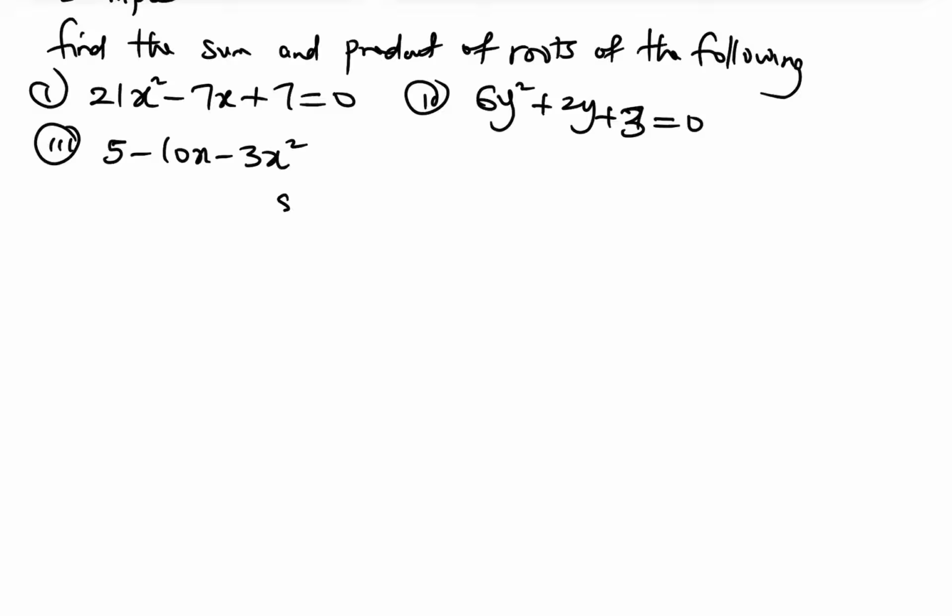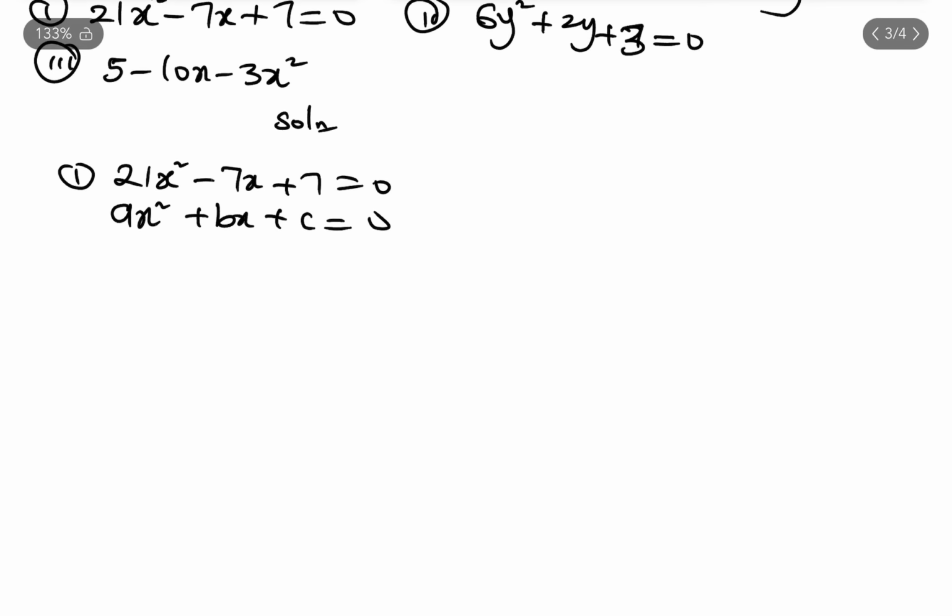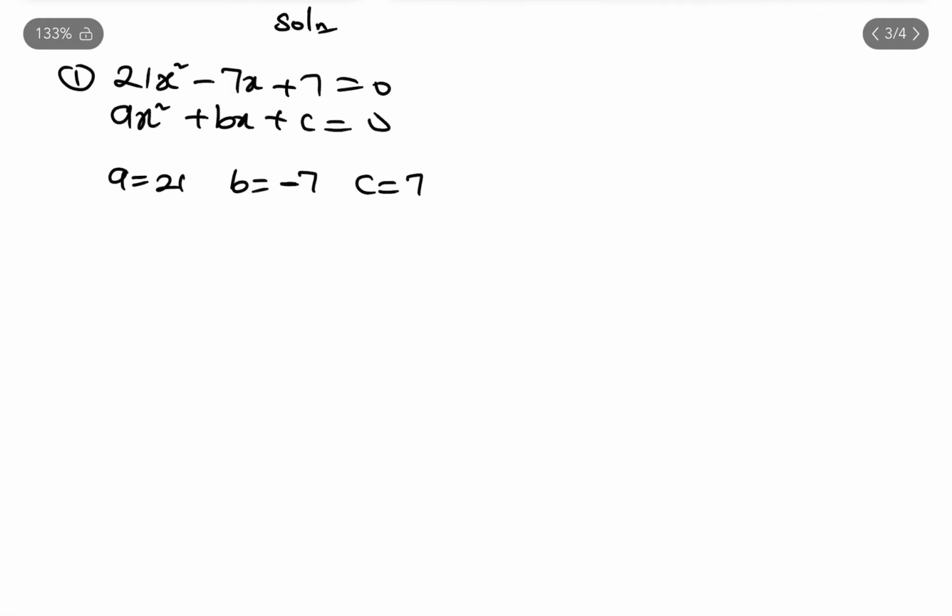So let's solve these questions. First one is 21x squared minus 7x plus 7. If you compare with ax squared plus bx plus c equals 0, we discover that a equals 21, b is minus 7, and c is 7. So we can now find alpha plus beta. The sum of roots is minus b over a.